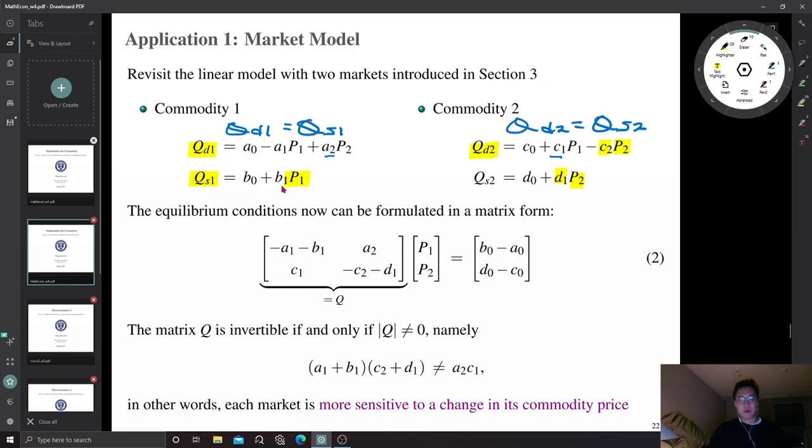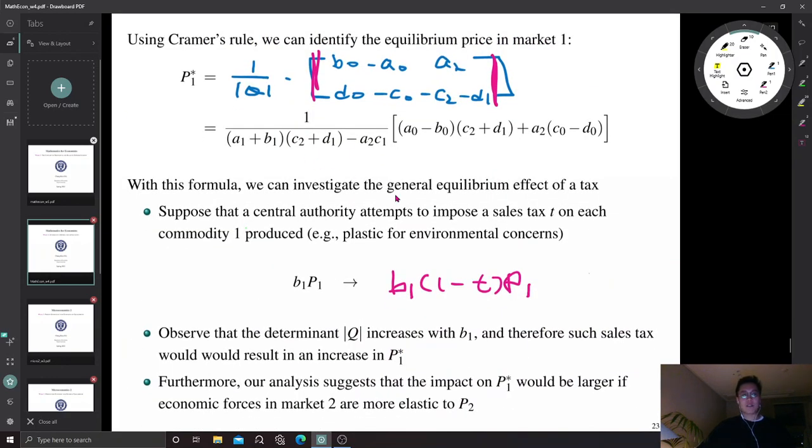So if tax is imposed on producers, whenever they produce 1 unit of plastic, then such a tax T will decrease this B1, because such a tax T creates a wedge between the market price the consumer pays, that is still P1, and the actual price the firm receives from selling 1 unit of plastic, that is no longer P1, but (1 minus T) times P1, because the firm has to pay tax as much as T times P1.